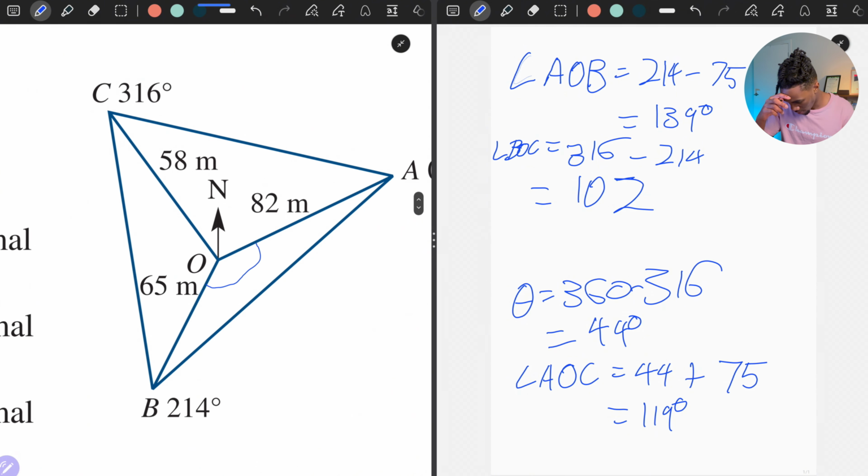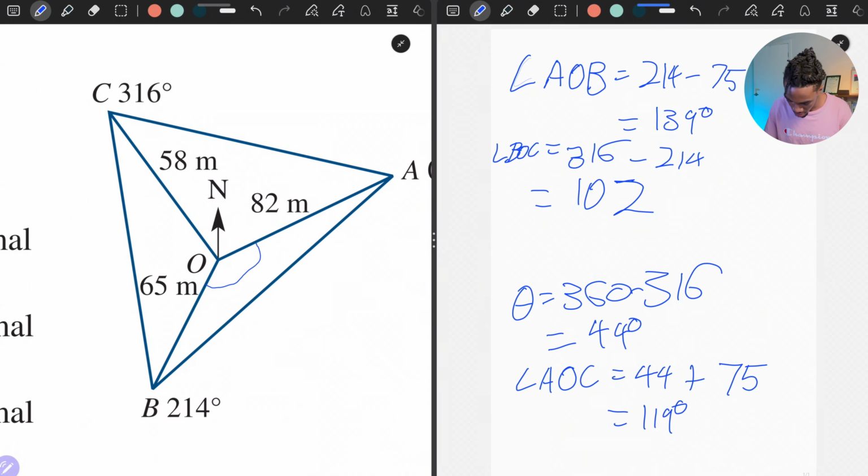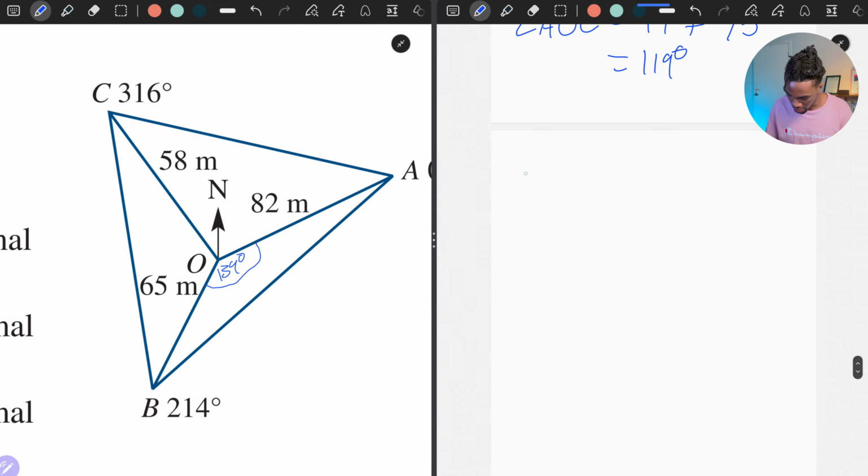So if we remember that this is 139, area equals half times 82 times 65 times sine 139 degrees.